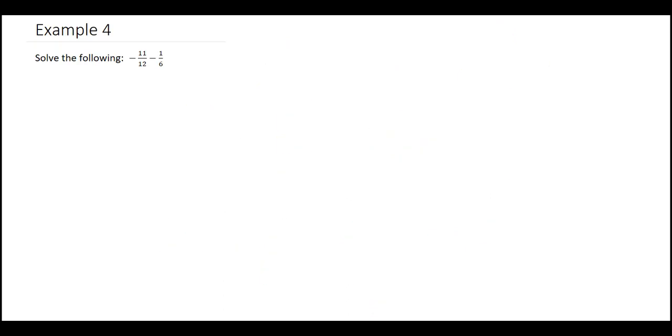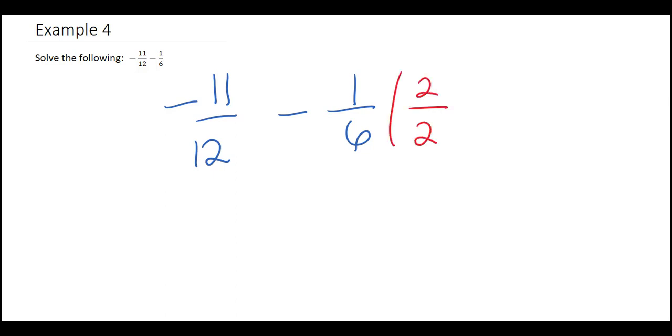Example 4, we're going to solve the following. We have negative 11 over 12 minus 1/6. Our least common denominator is going to be 12 here. So we're going to multiply the second term by 2 over 2.